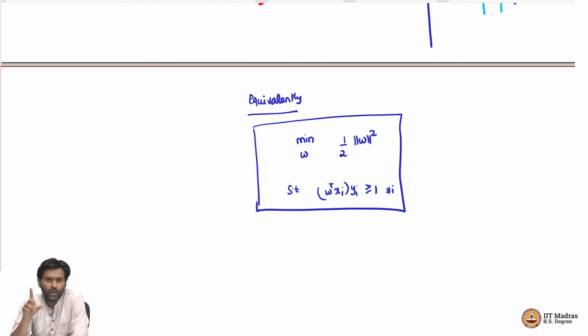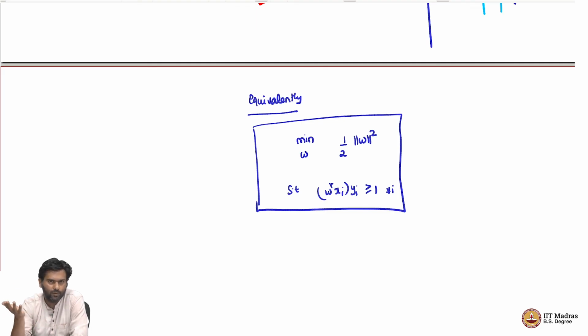Now, if your data set is not linearly separable, then no W will satisfy the constraints that we have put down, so this algorithm will just say that there is no feasible solution. But if there is a feasible solution, then you will find such a W with the largest possible width, right.